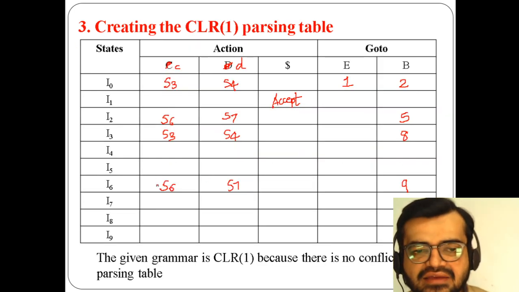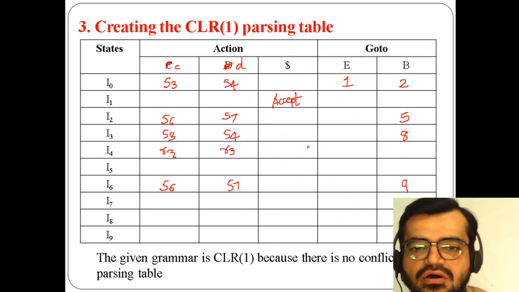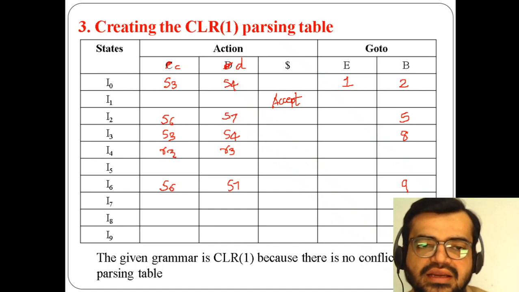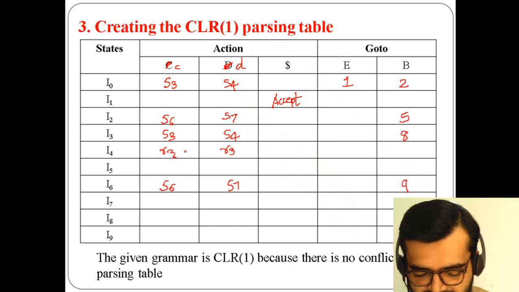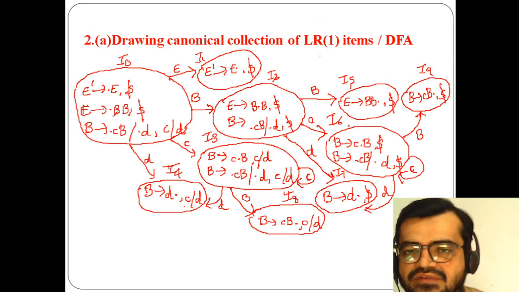In I4 what I'm doing here is writing R3 in just C and D. I'm not writing it in dollar. Why? Because the look ahead symbols are just C and D only. So I'm writing R3 here. Next comes I5. If you go to I5, what happens in I5 is that I5 is also a final state.